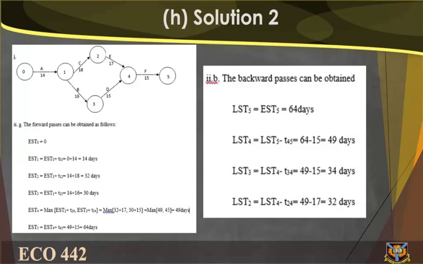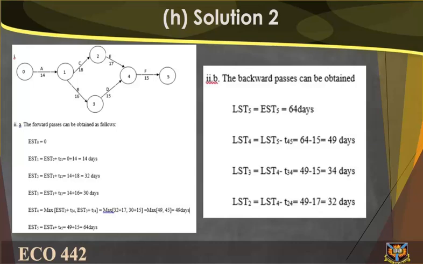2A. The forward passes can be obtained as follows. EST0 equals 0. EST1 equals EST0 plus T01 equals 0 plus 14 equals 14 days. EST2 equals EST1 plus T12 equals 14 plus 18 equals 32 days. EST3 equals EST1 plus T13 equals 14 plus 16 equals 30 days.